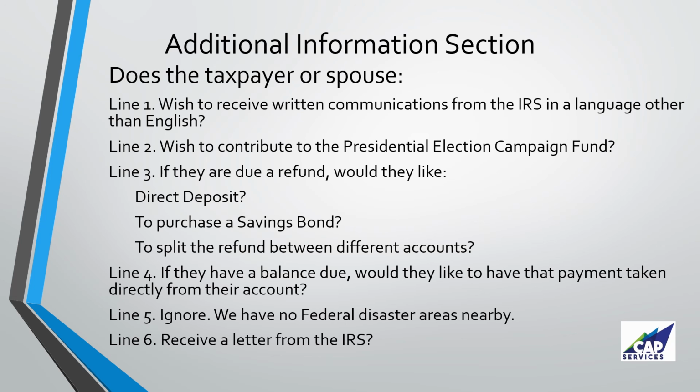Tax preparers will be trained on this portal separately. We will need the email address or a cell phone number that allows text in order for the customer to participate. Did the taxpayer or the spouse wish to contribute to the presidential election campaign fund? Yes or no?